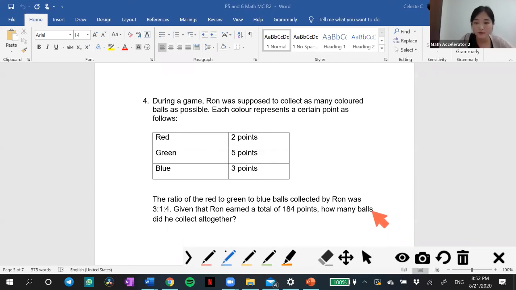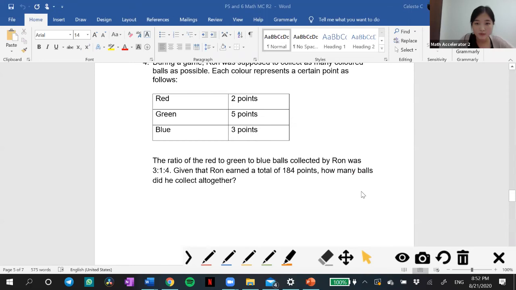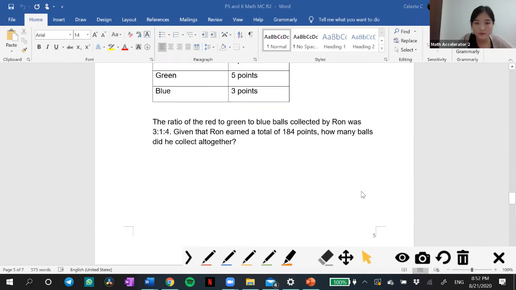So always do the table first. Let me scroll down a bit. Okay, so can you highlight the ratio here and the total? So you have red, green, blue, the number, ratio given. So fill it in.